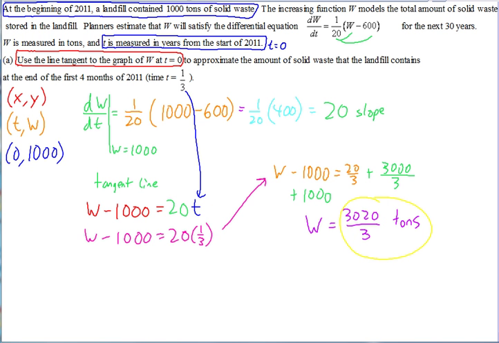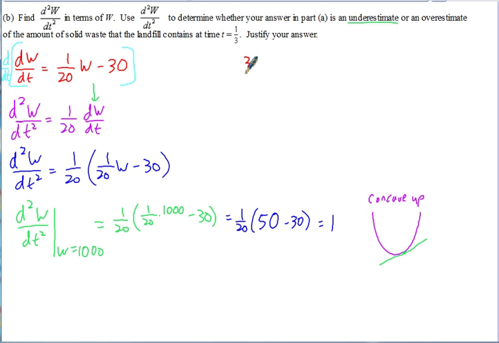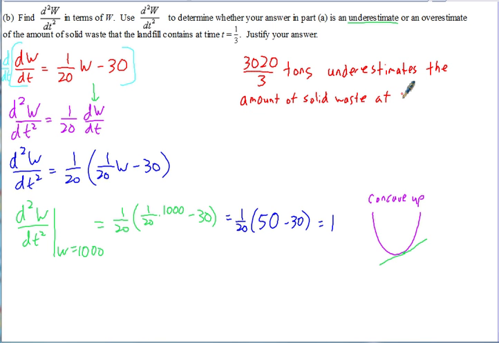So our estimate here, which was 3,020/3 tons, underestimates the amount of solid waste at t equals 1/3, and the reason here would be our second derivative, when w equals 1,000, this time turned out to be positive or greater than 0.